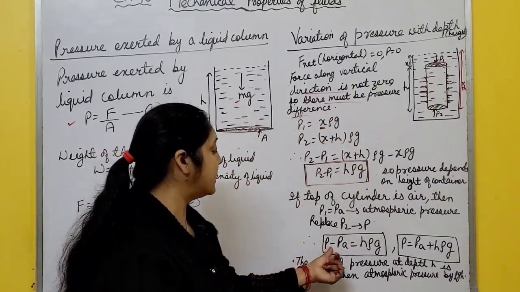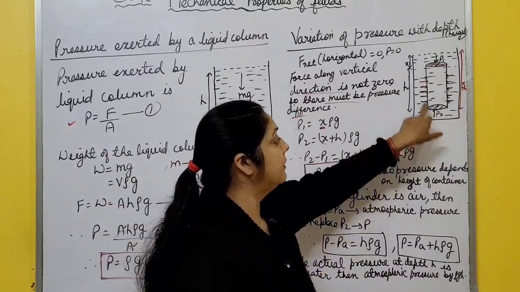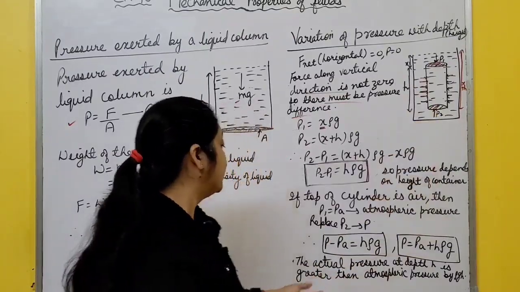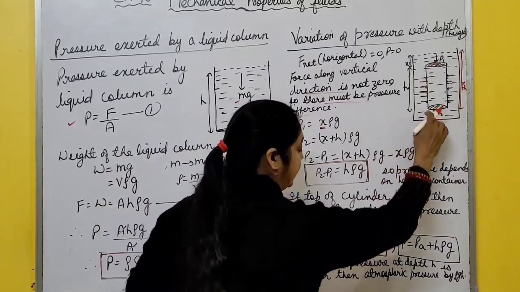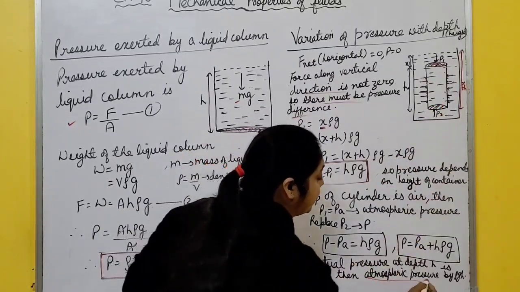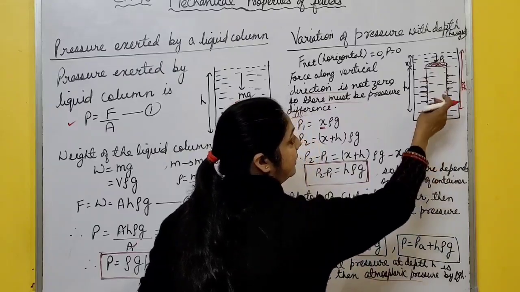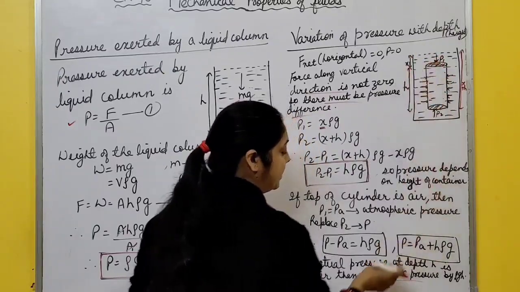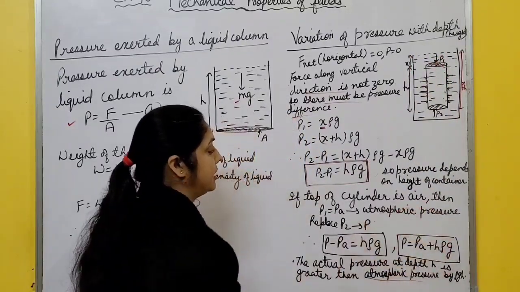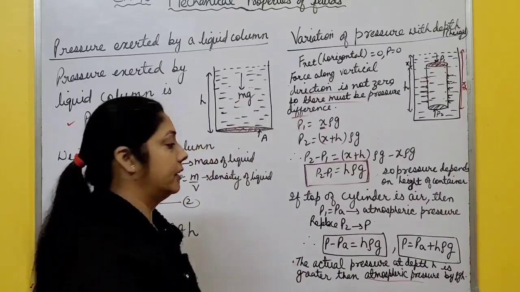So this P is the actual pressure at height h at this point. The actual pressure at height h is greater than atmospheric pressure by rho gh.